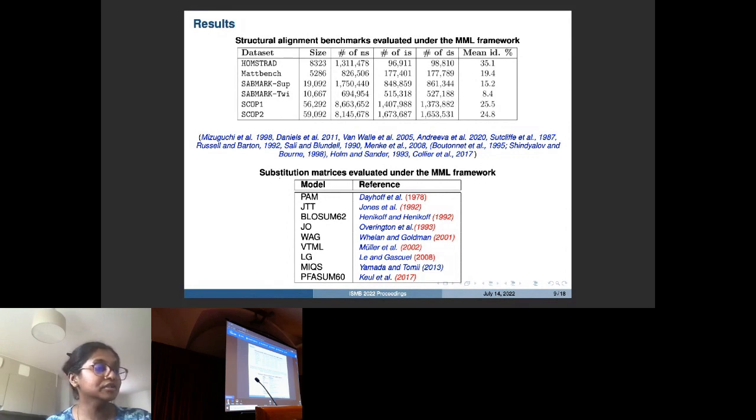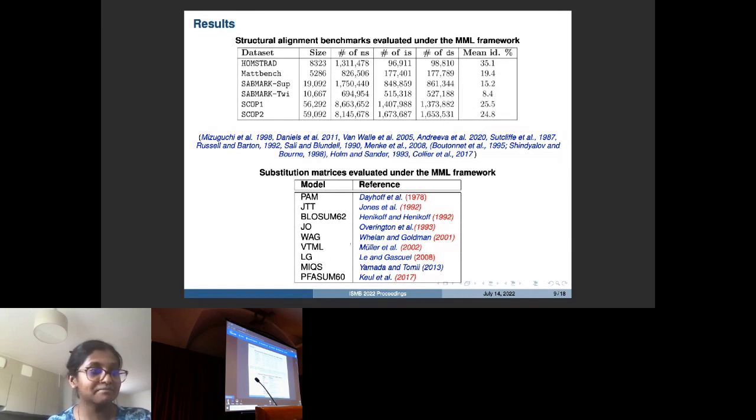And then we also considered 9 substitution matrices, all the way starting from the PAM matrix of 1978, and all the rest of the matrices have been published during the last 4 decades: JTT, BLOSUM62, JO, the Overington structure-based substitution matrix, the WAG, VTML, LG, MIQS, and PFASUM family.